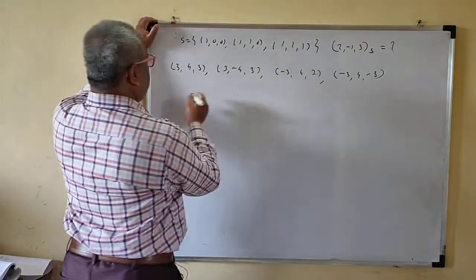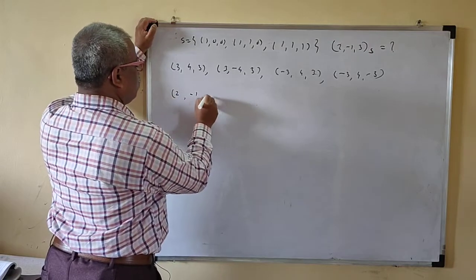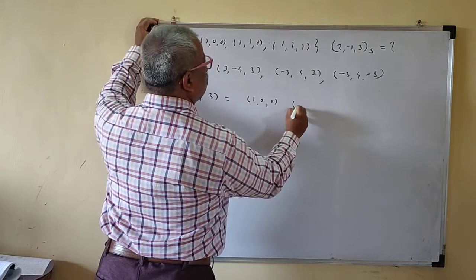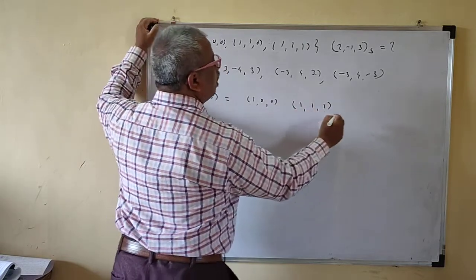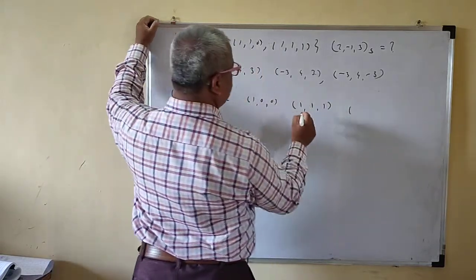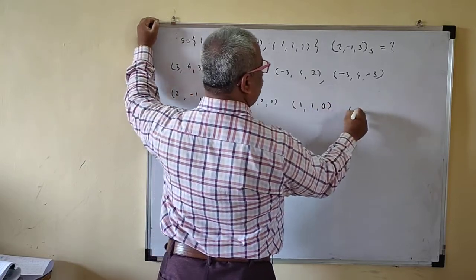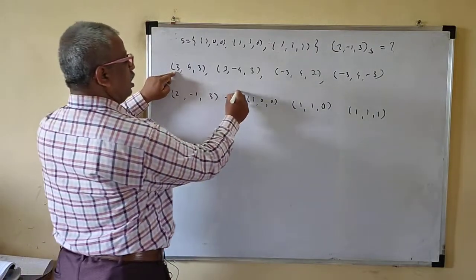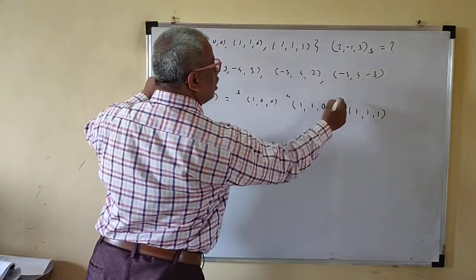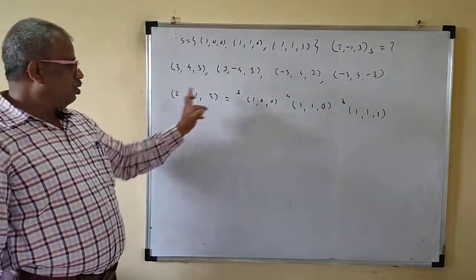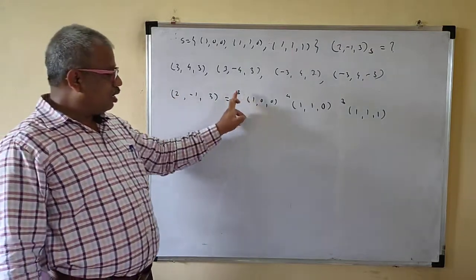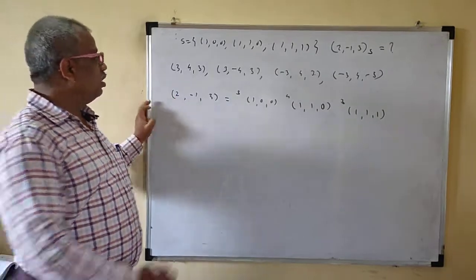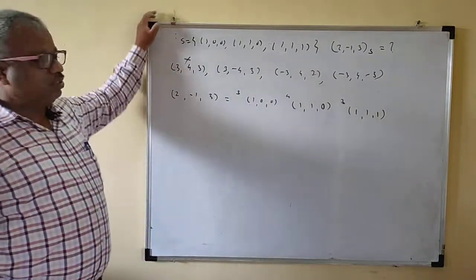What you have to write here is (2,-1,3) equals the coordinate entries times the basis vectors (1,0,0), (1,1,0), (1,1,1). Let me write (3,4,3) first and check the first component: 3 plus 4 plus 3 is 10. This is not 2, so this does not work.